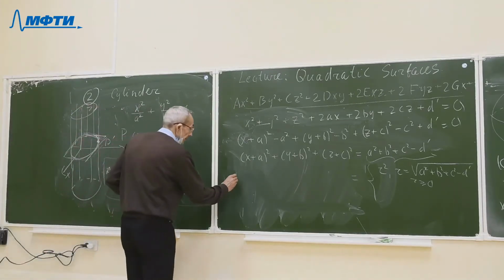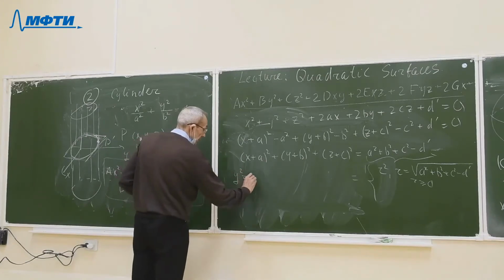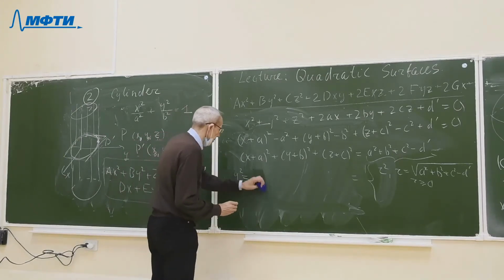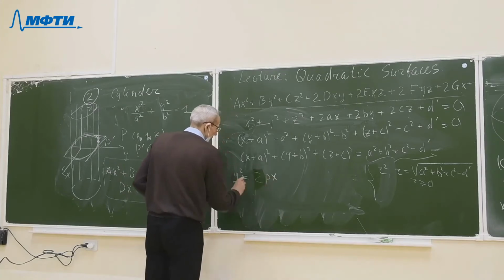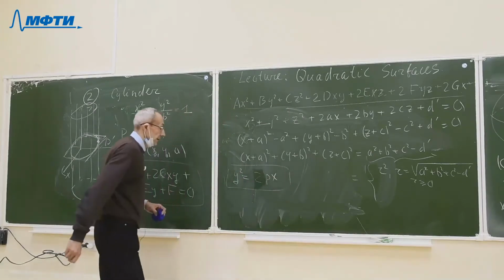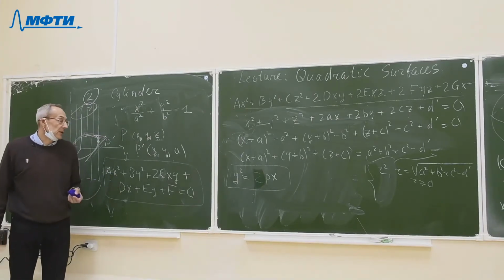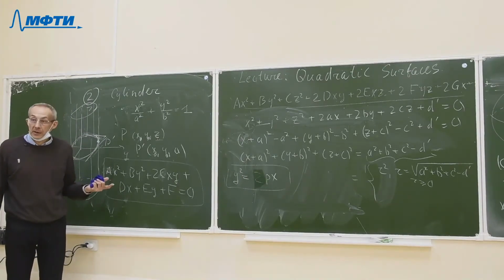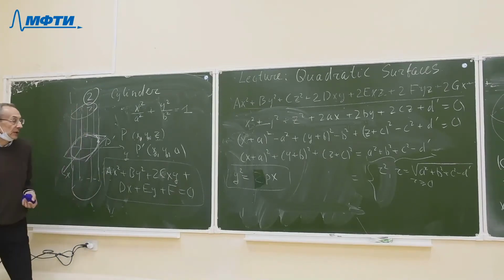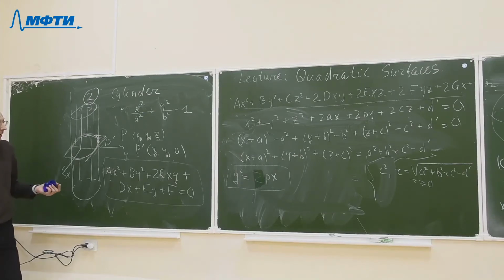For example, if we have the equation y squared is equal to px, in the plane this equation defines the parabola, and we obtain a parabolic cylinder. In the case when we have the equation of a hyperbola, we obtain a hyperbolic cylinder, and so on.